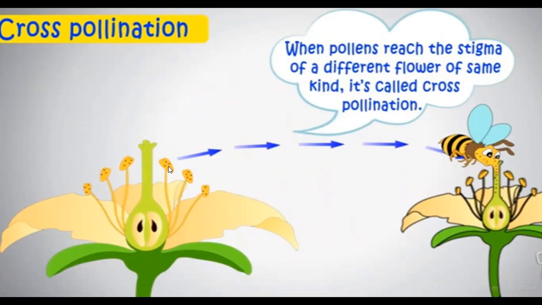When pollens reach the stigma of a different flower of the same kind, it is called cross-pollination.